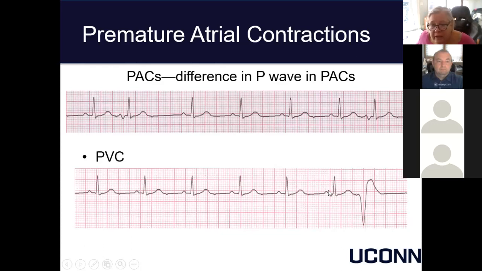It's early. There is no sign of a P wave. And this is sort of your classic PVC, wide and bizarre and early, with no signs of a P wave.